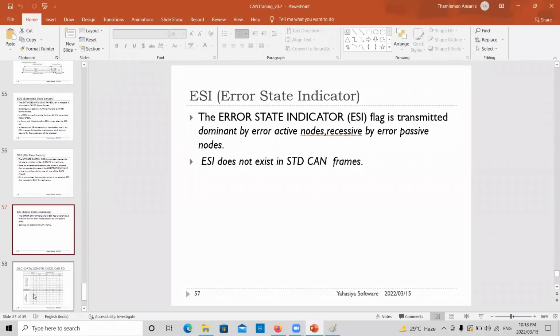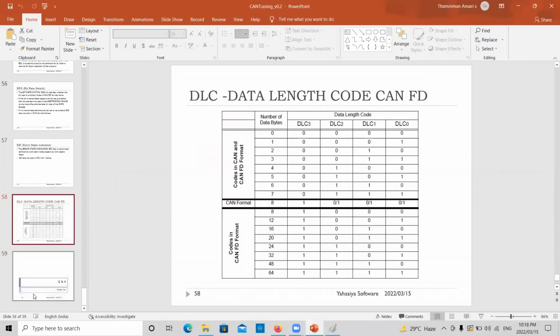Then the DLC for the FD frame, as well as the standard CAN frame, is 4 bits only. To represent 8, we need 4 bits. That's why they allotted 4 bits for the DLC in CAN. But in the case of FD, you can transmit up to 64.